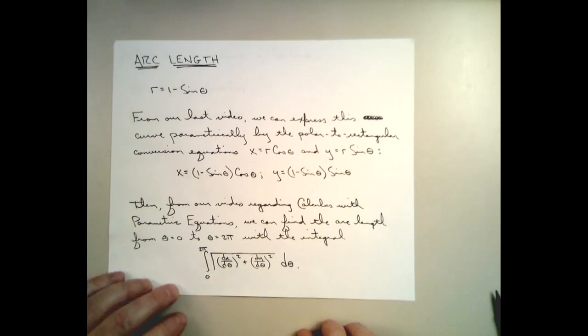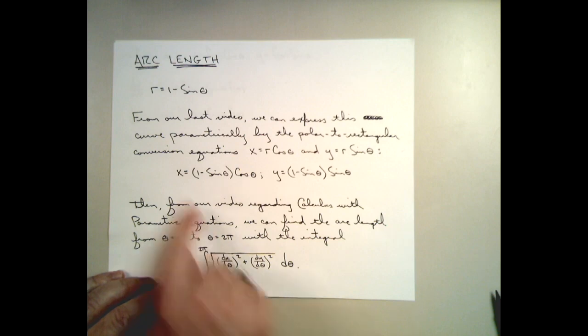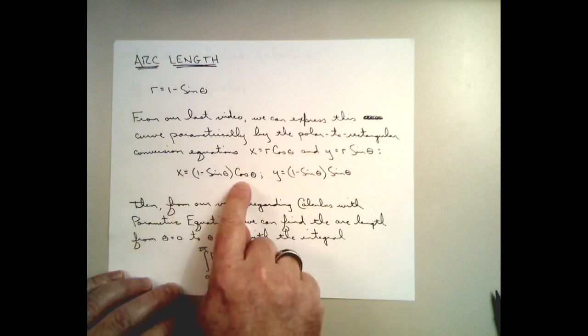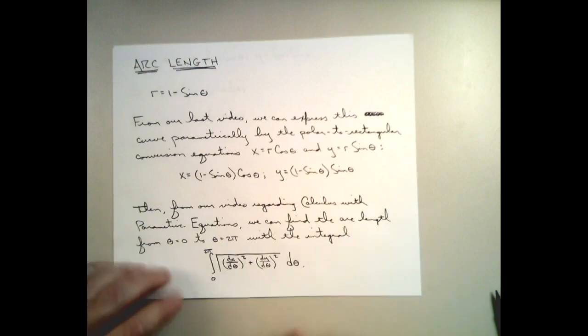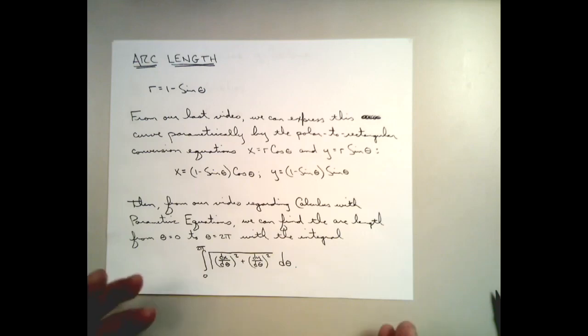So what we would need to do is, we'd be looking at dx d theta. So here's x. So dx d theta is going to be the derivative of this function. dy d theta is going to be the derivative of this function. And it's going to be a bit of a mess, I'll have to say. But I would encourage you to go ahead and put that mess down.